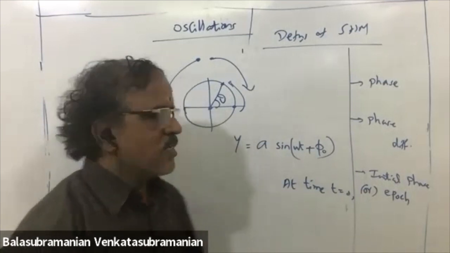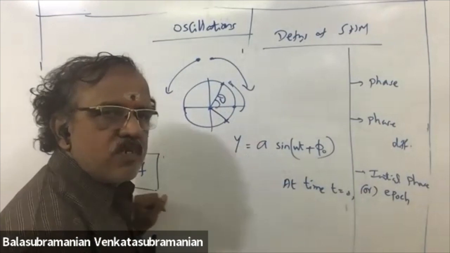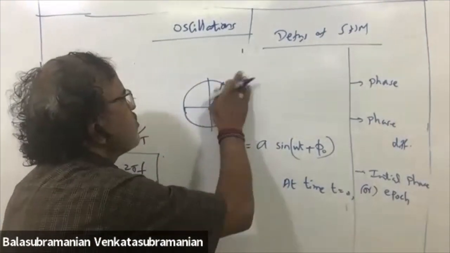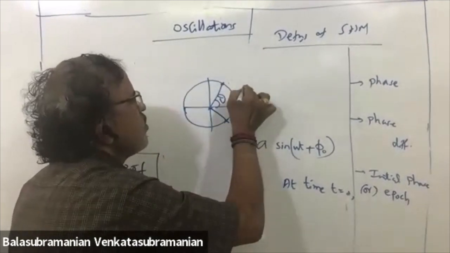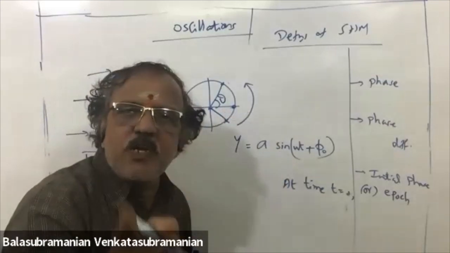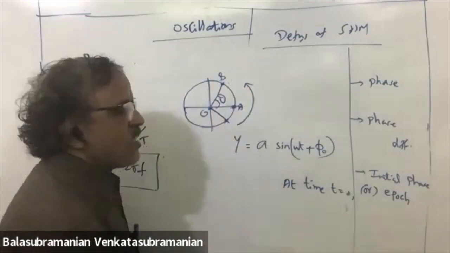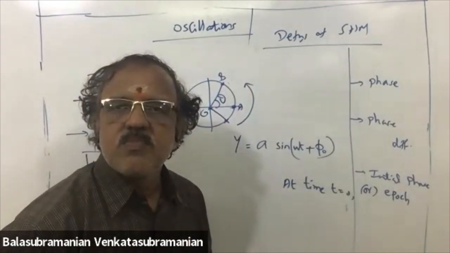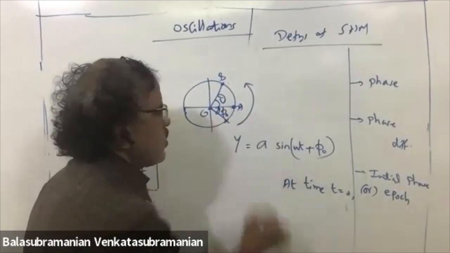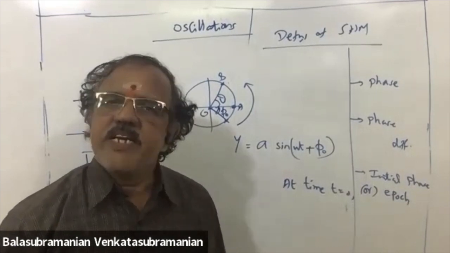I don't understand, sir. Sir, particle starting here, it is starting in anti-clockwise direction. From here only you have started your measurement. Point A, only you have started your measurement. Then this is called initial phase, phi naught. Theta naught I will put, sir.